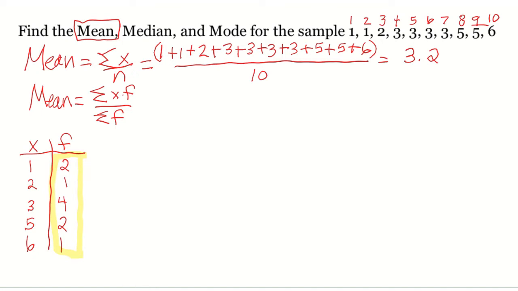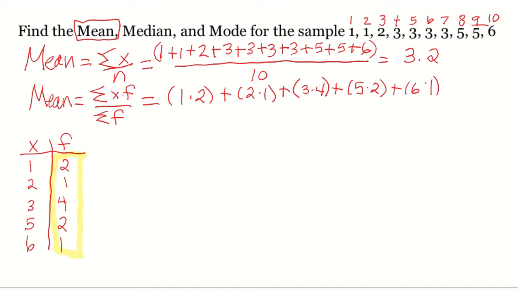So let's go ahead and write that out. We're going to multiply each of those. So we're going to take the x value 1 times its frequency of 2 plus 2 times 1 plus 3 times 4 plus 5 times 2 plus 6 times 1.